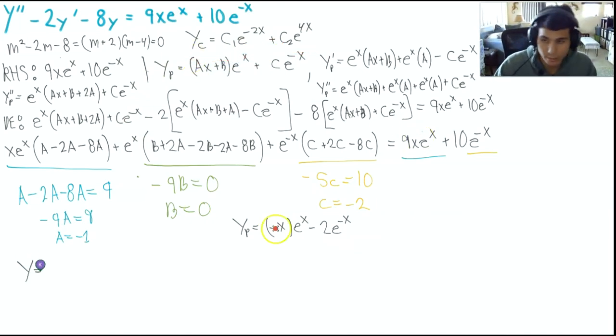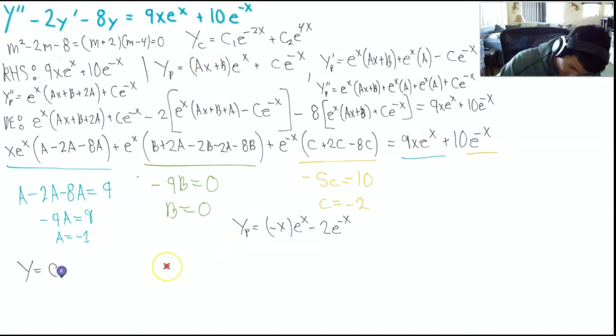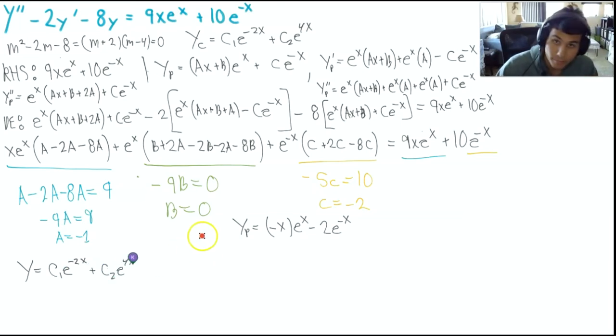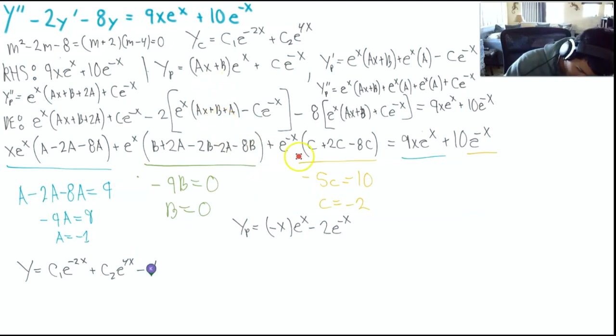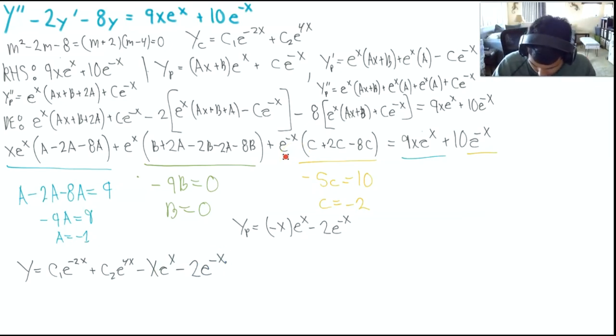Remember y is equal to yc plus yp, so we're going to add this and this together: c1 e to the negative 2x plus c2 e to the 4x, minus x e to the x minus 2 e to the negative x. Okay, there we go. All of that for all of this.